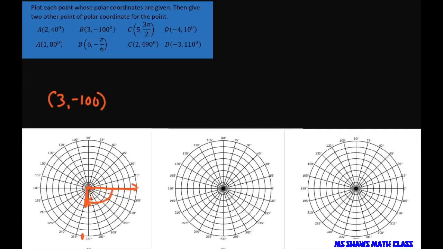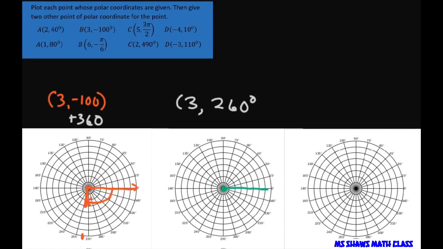All right. Now to get another one, all you have to do is do 3 and add 360 to this. And that's going to give you 260. So if you go 260, come back around. There's your pole.